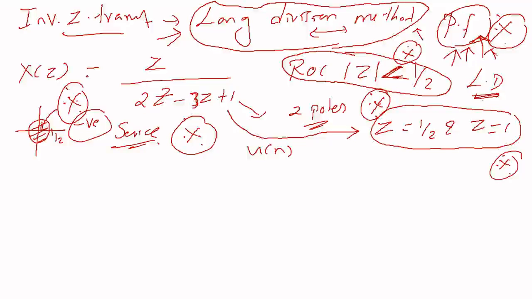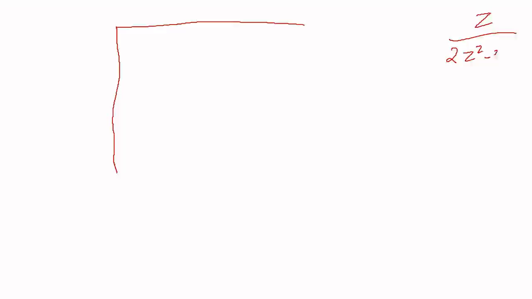Okay, so let me start with this, or else we can go to the next slide. Okay, so keep it in mind, this is a negative time series. So this question is z divided by 2z square minus 3z plus 1. From the characteristics of the ROC and the location of the poles, I found this as a negative time sequence.